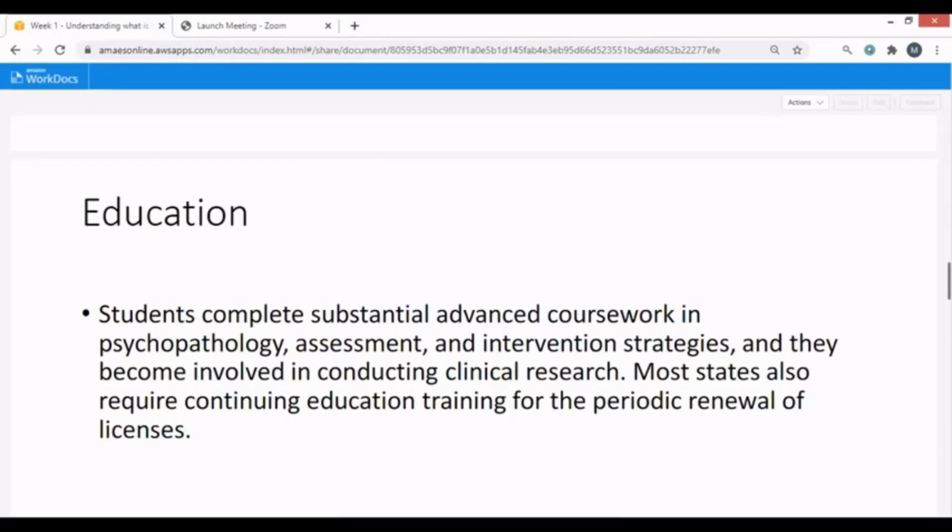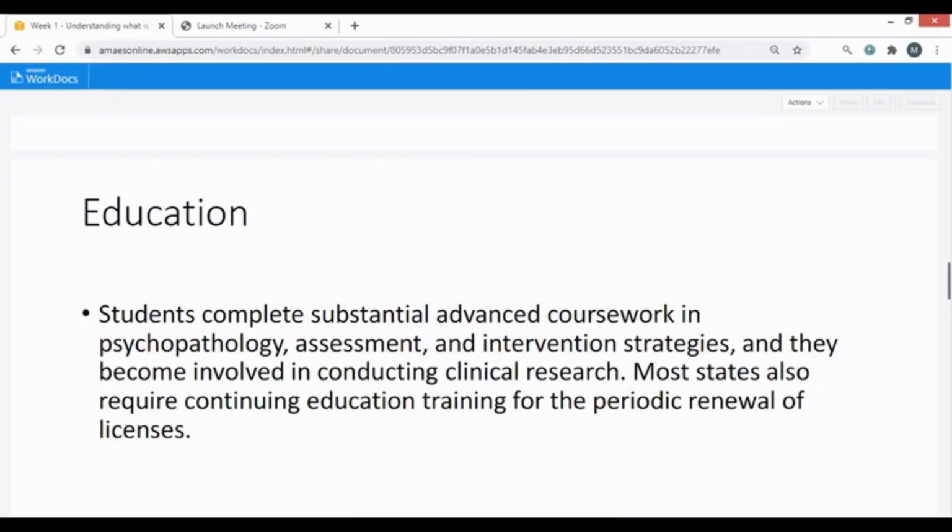So, how much additional education beyond the bachelor's is required for you to become a clinical psychologist? An earned doctorate from an accredited program is the basic educational requirement for clinical psychologist licensure, according to the American Psychological Association. Students complete substantial advanced coursework, as I mentioned, in psychopathology, assessment, and intervention strategies, as they become involved in conducting clinical research.